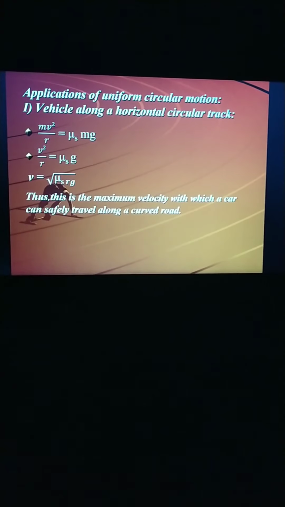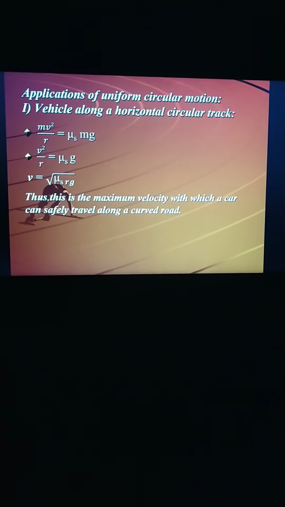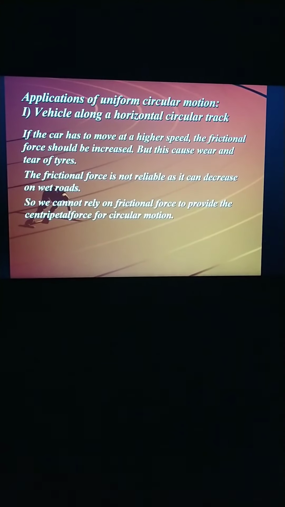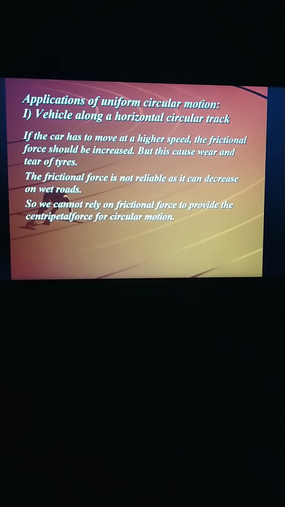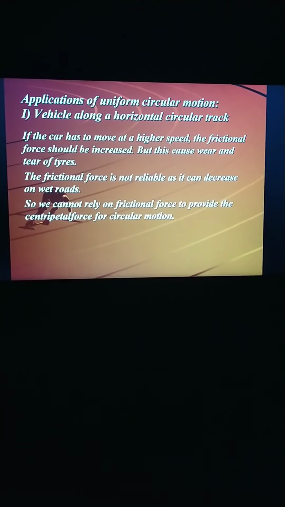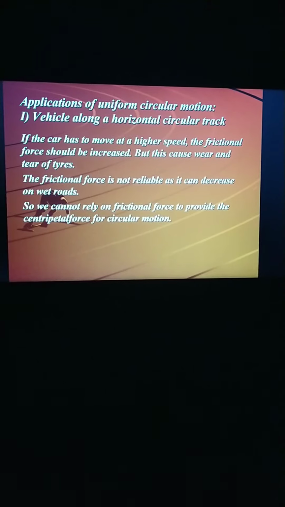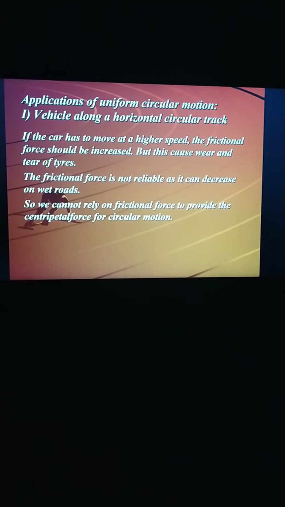Similarly, r for the given curved road will always be constant. So the linear velocity value will be decided by mu s, the coefficient of static friction. And this coefficient of static friction is not a reliable factor, because it depends upon the nature of the surface.